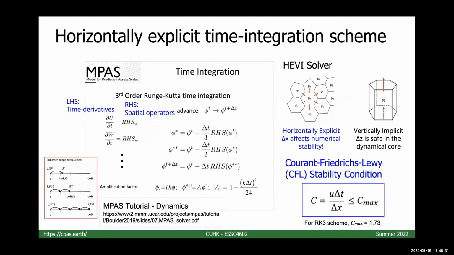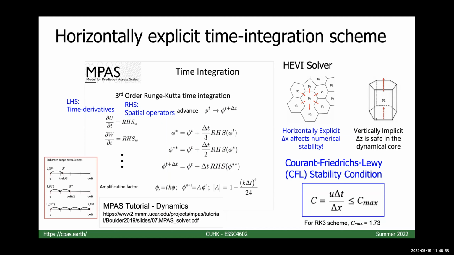So going back, a few more difficult things I need to mention. In MPAS, the solver is actually different in the horizontal direction and the vertical direction. The implementation for solving the vertical direction is actually implicit.